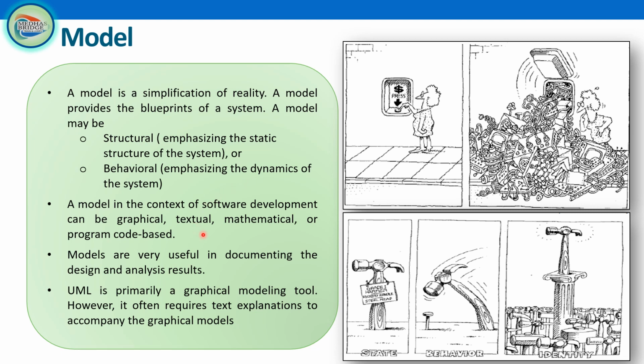A model in the context of software development can be graphical, textual, mathematical, or program code based. Models are very useful for documenting design and analysis results. UML is primarily a graphical modeling tool. However, it often requires a text explanation to accompany the graphical model.